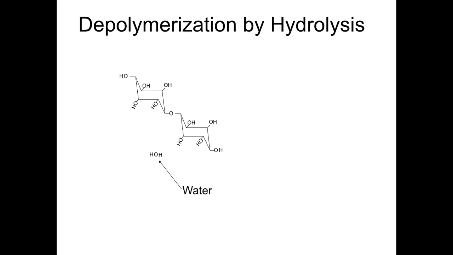Our water comes in, and then usually an enzyme is going to take this water, split it into the H and the OH, and then use the energy of that splitting to cut the molecule apart. And now we have two individual glucose monomers, and these could, for instance, be combined with a fructose to make sucrose or something else. You could make something else with them if you want.